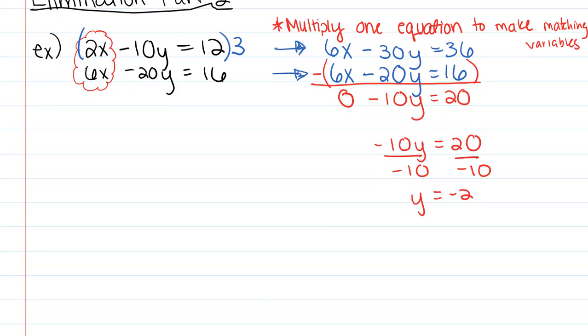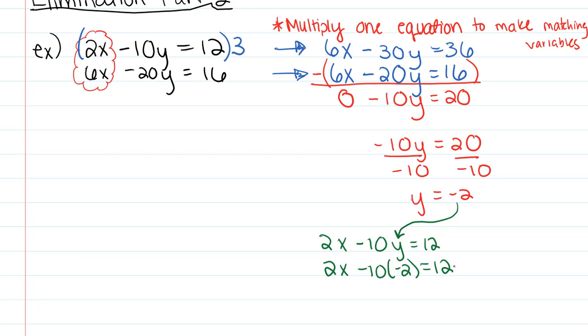Next up, I can take any of the equations I've written. I'm just going to use one of the original ones: 2x minus 10y equals 12. And I'm substituting this negative 2 in for y. So 2x minus 10 times negative 2 equals 12. Let's finish solving for x.